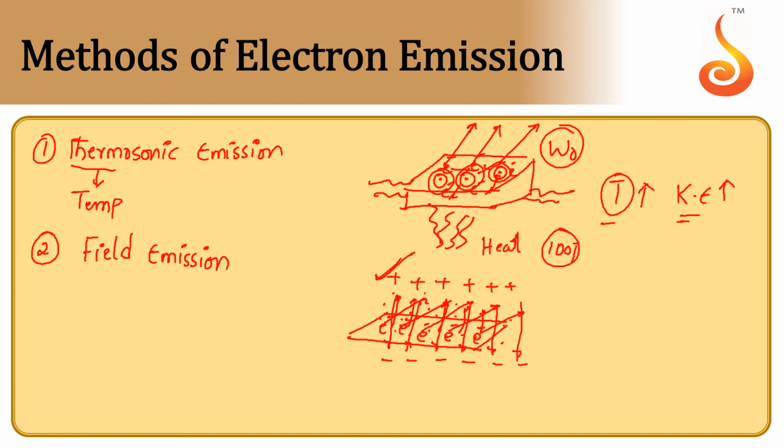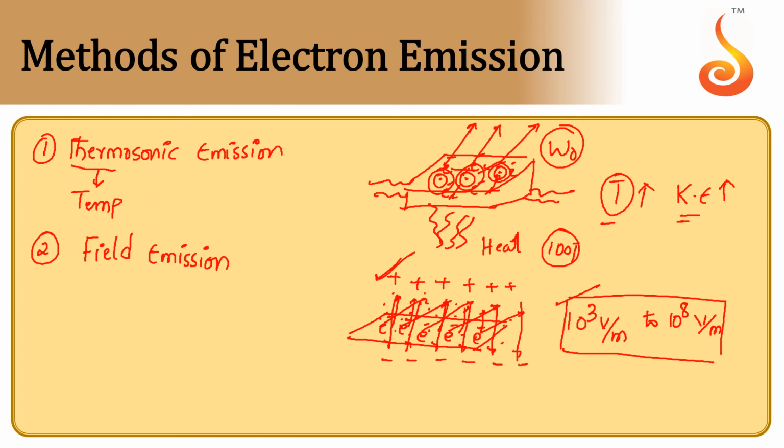To remove the electrons from the metal, we need to create very huge electric fields, ranging from 10 power 3 volt per meter to 10 power 8 volt per meter, which are very high values. So it is somewhat dangerous, and not such a safe thing.